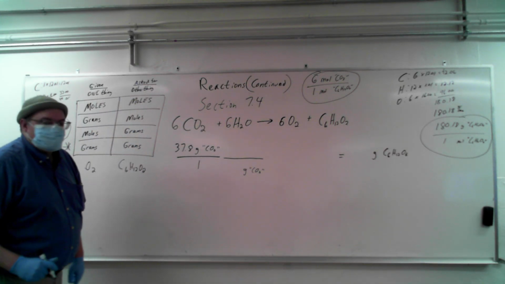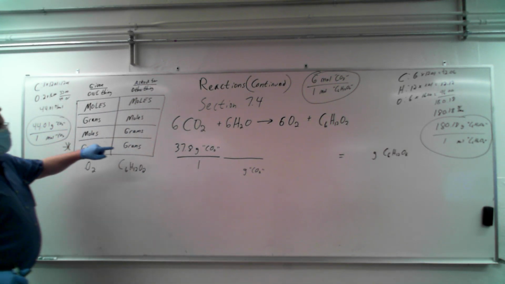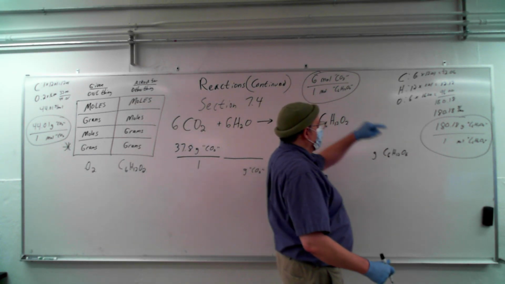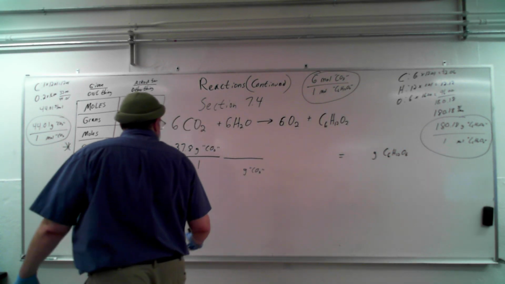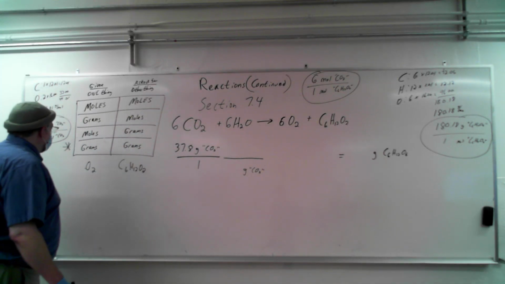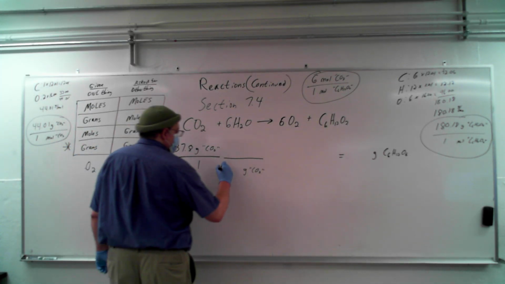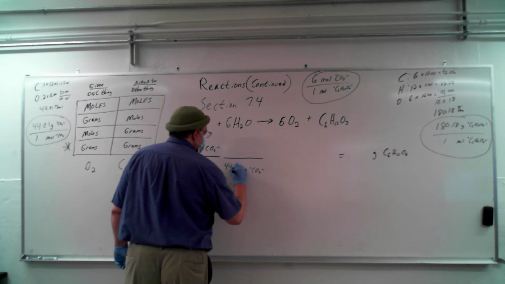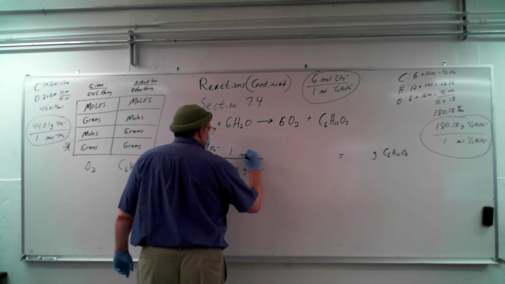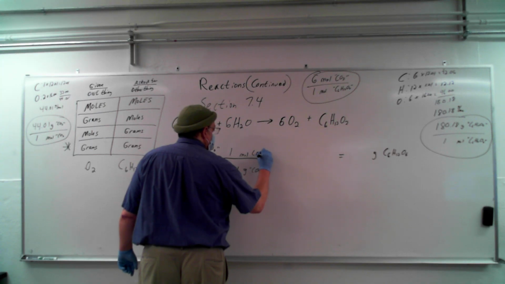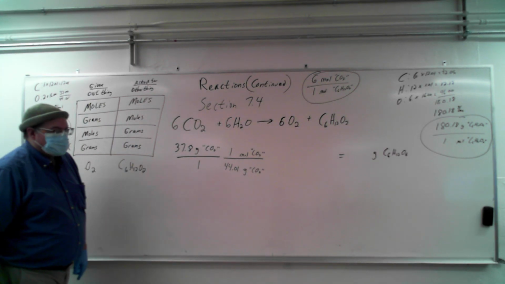The only place you see grams of CO2 is here. You don't see grams of CO2 here or here. Once you have this, you look for the grams of CO2, it's here. So 44.01 grams is 1 mole. That tells you that moles of CO2 goes on the bottom next.